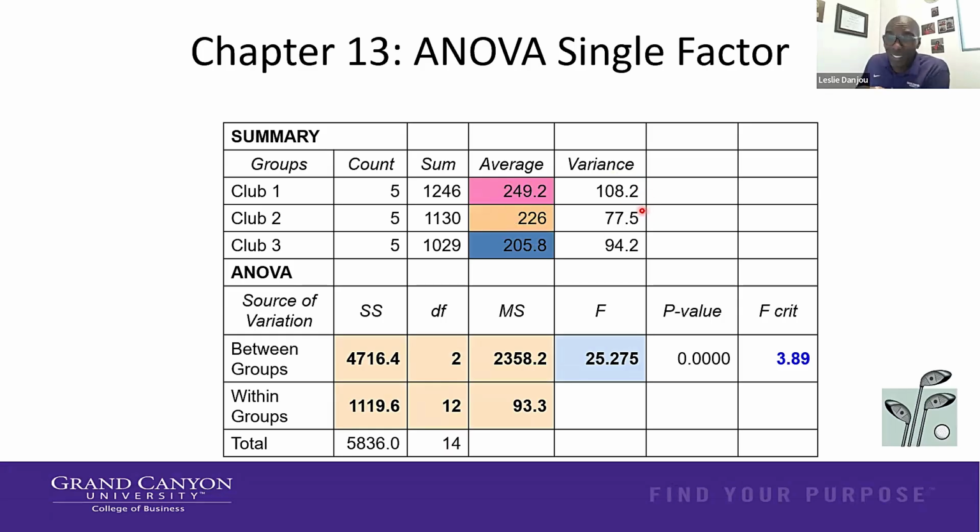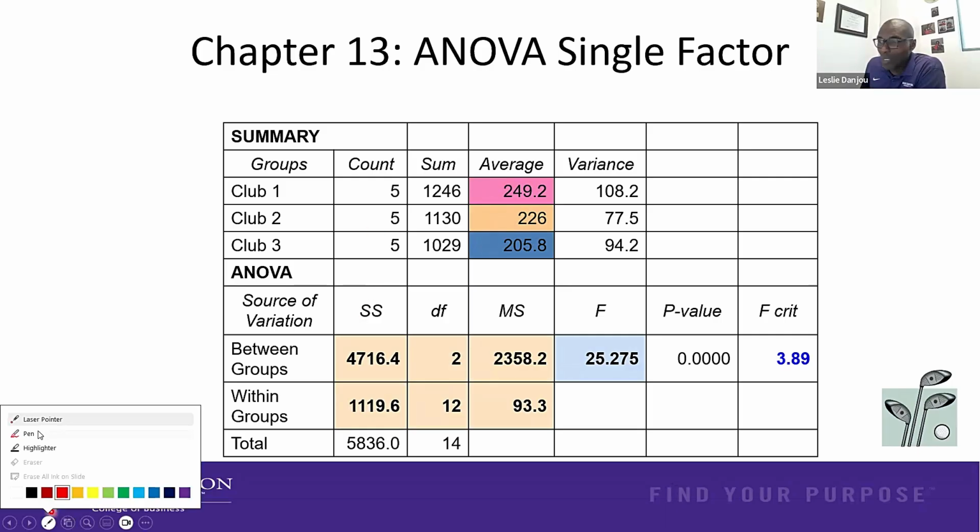But what we're testing is, are these averages basically equal? The way to check it is two ways. Like we've always done with hypothesis testing, we can test with the test statistic and we can test with the p-value, the probability value.